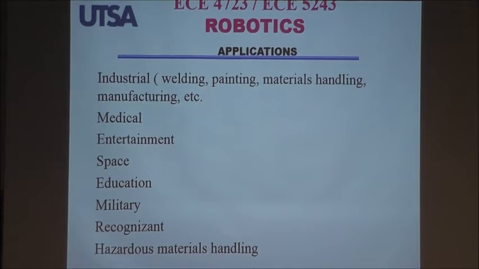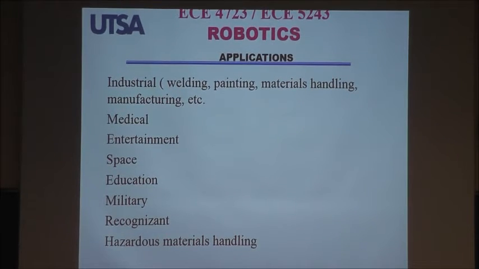Industrial robot applications are welding, painting, materials handling, manufacturing, and so forth, as well as medical applications. You can have the robot work hand in hand with the surgeon and do precision surgery. And the good thing is that the robot is not shaking the hand like a 65 or 70-year-old. So that's the point.